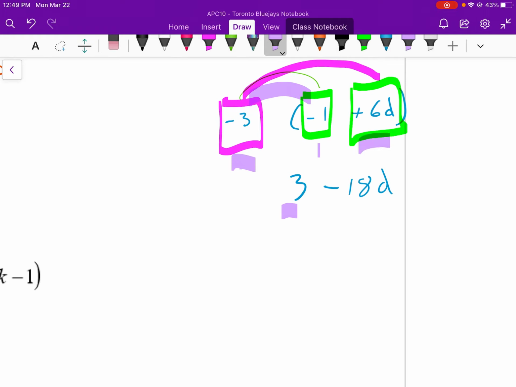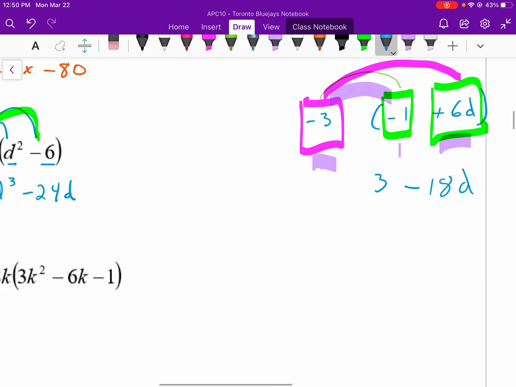The negative 3 times this quantity, again, well, it's easy, but you don't have to worry about the product, whether it's positive or negative. You just multiply the two, and your answers should just fall out. I'm hoping that makes sense. So that's what I think of when I'm multiplying.